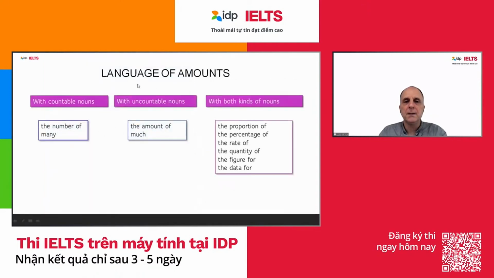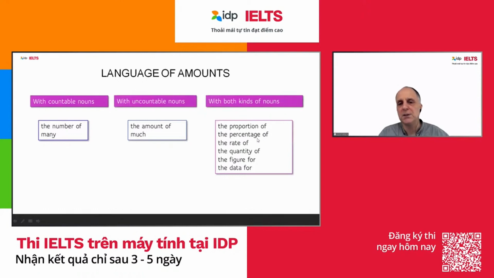Now, remember with the language of amounts. So for this, the number of and many with countable nouns, uncountable, amount of, and much. Be careful with much as well. It's usually used in the negative. Now, instead of saying the number of or the amount of, we can use these as kind of synonyms, okay?